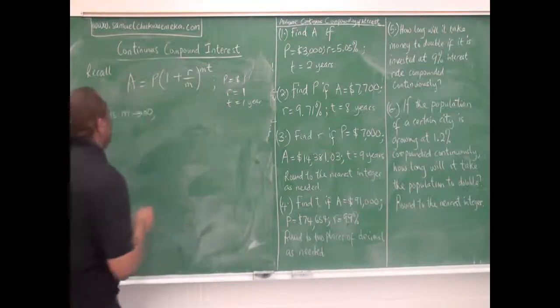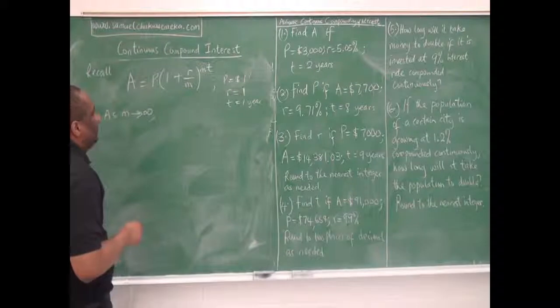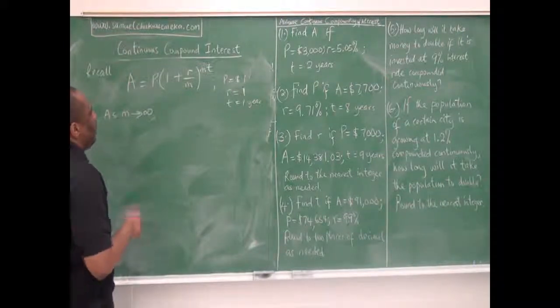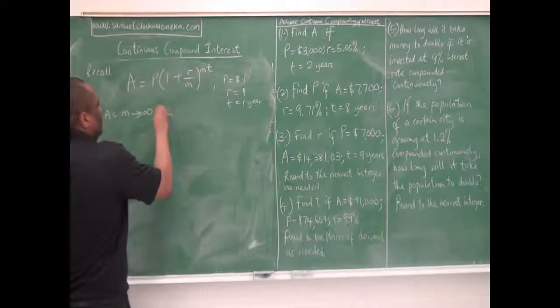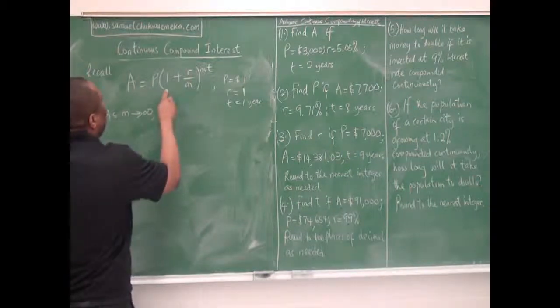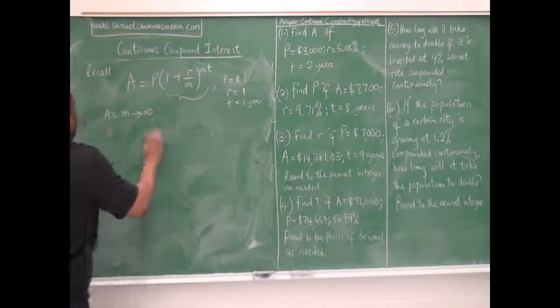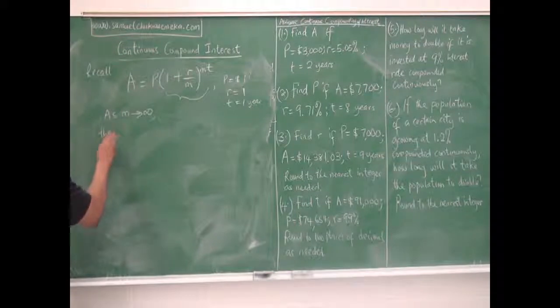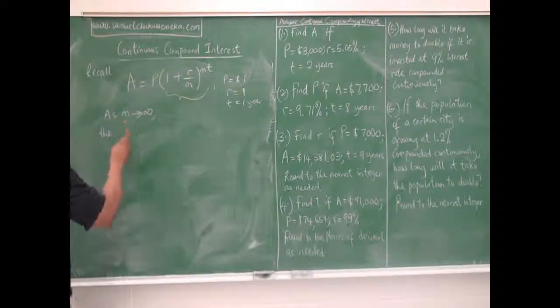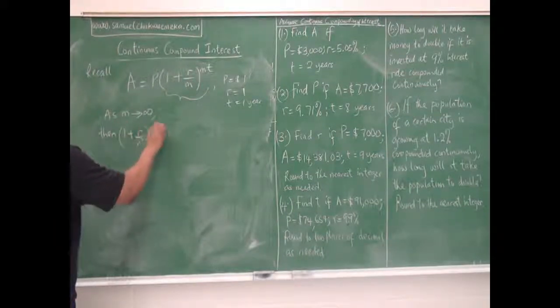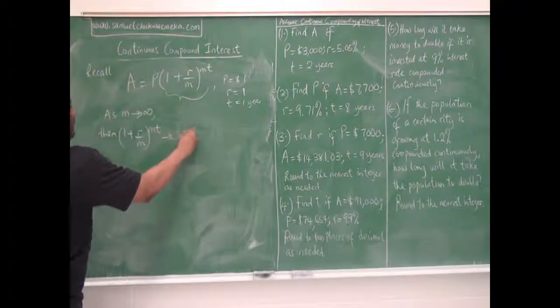Now we saw that as M tends to infinity, then this, (1 plus R over M) raised to MT, tends to 2.718.